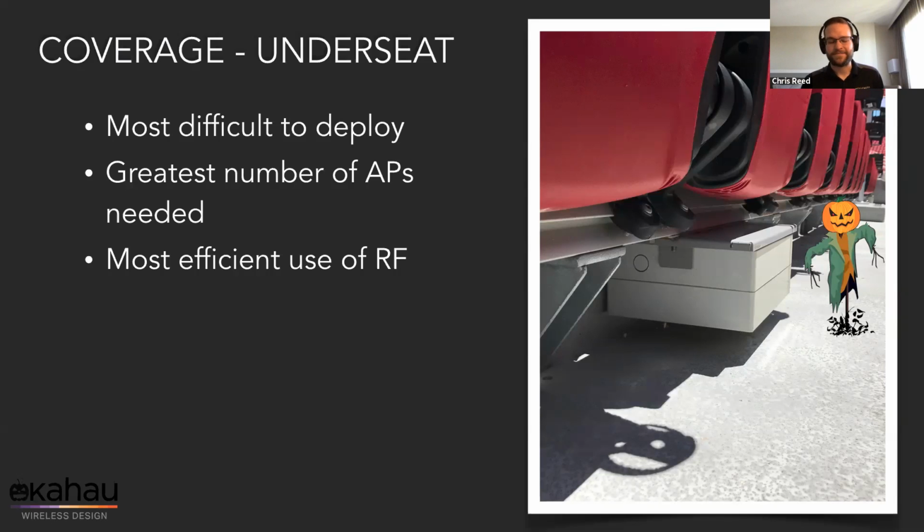So it's all custom. But the benefit to underseat is that if you can maintain MPE, the maximum permissible exposure, so the distance between the radiating element and a stationary component of a person, you've got basically unlimited options on where you can go for the underseat. And you talk about maximum permitted exposure. As far as the U.S. is concerned, I think that guideline is generally a small amount, we're measuring in centimeters.